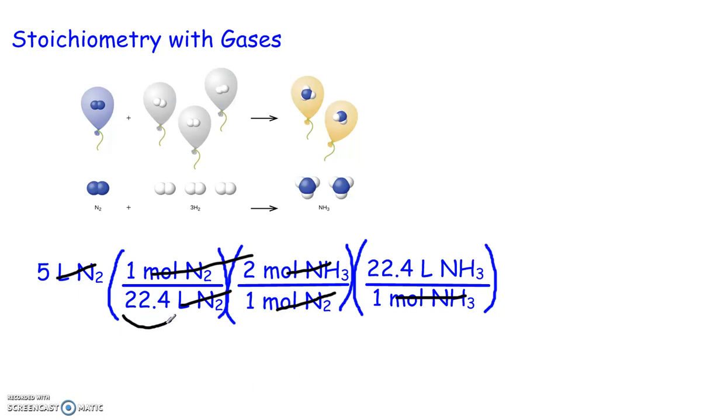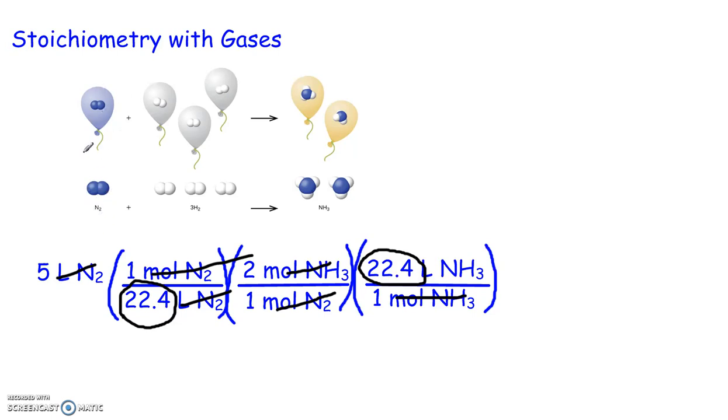However, if you notice, we have this 22.4 liters on the bottom and the 22.4 liters on the top. Because the numbers are the same, because if I have the same conditions, an equal number of particles will occupy the same volume, I can actually skip that step and just have 5 liters of N2 and use that mole ratio.